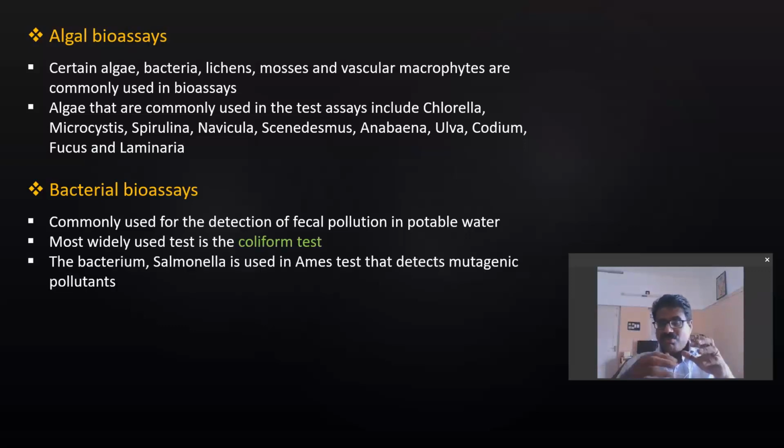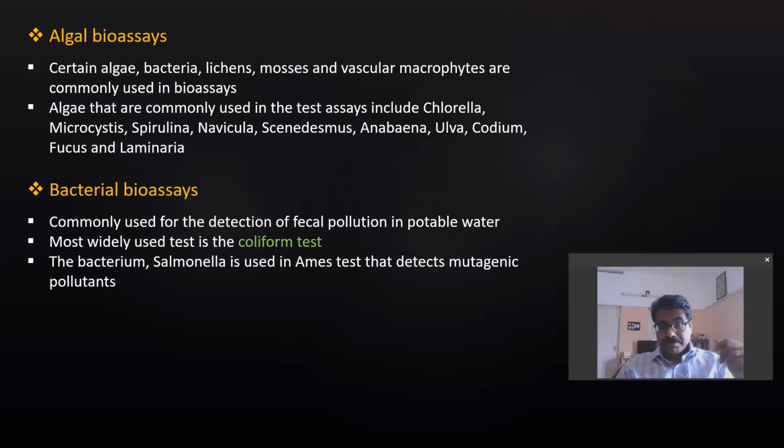That means we use E. coli. And if you find at least a trace of E. coli in drinking water, potable water, then that water is not potable. This E. coli can come to drinking water only through one source, that is fecal contamination. So even if one E. coli is present in that drinking water, it is not usable. So that can be tested using coliform.